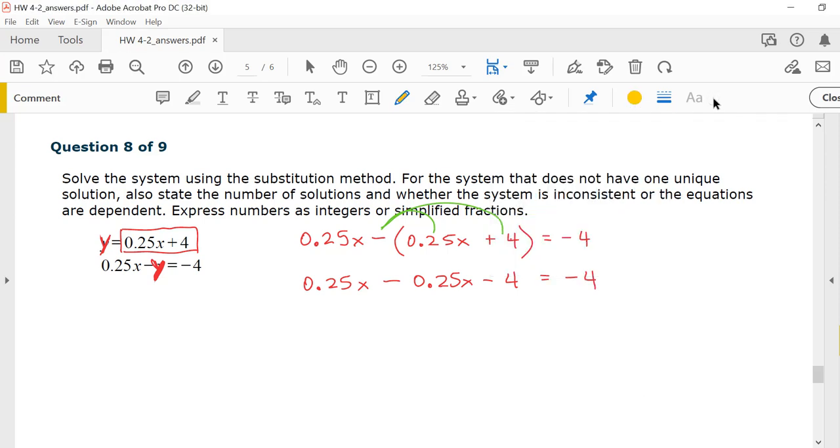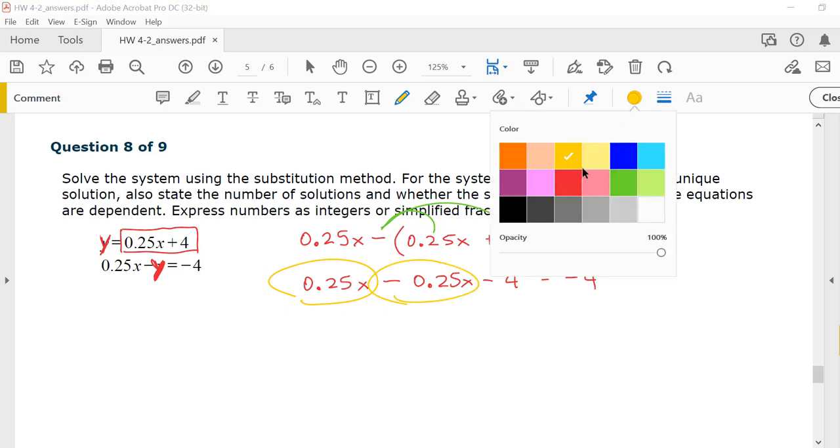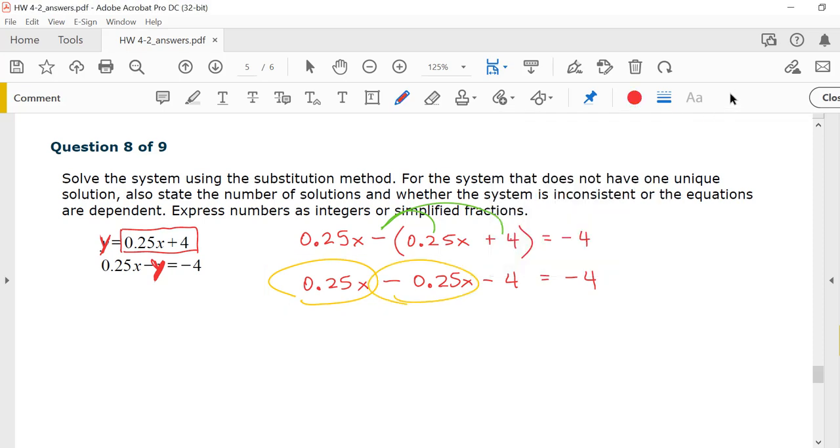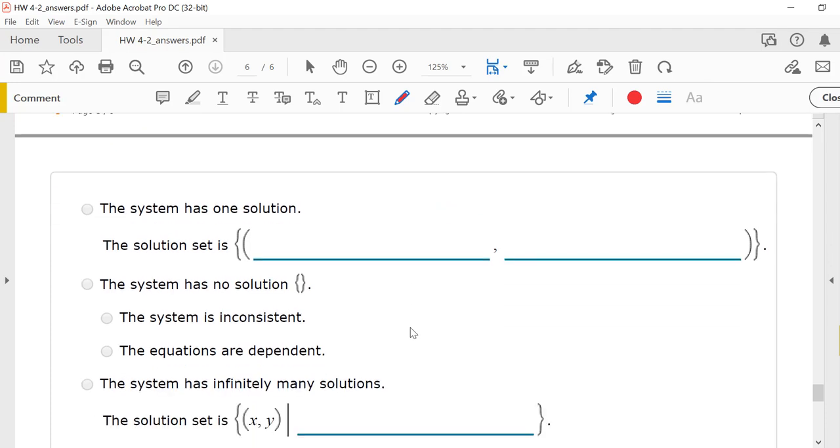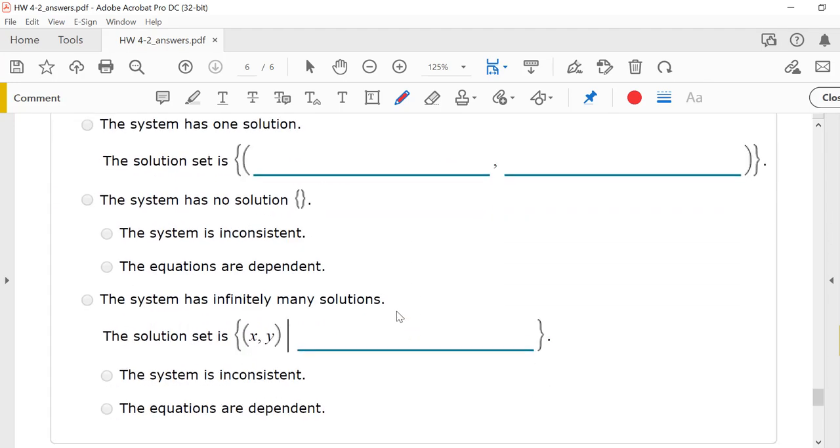Combining like terms, 0.25x minus 0.25x is 0x. Those are gone. I'm left with negative 4 equals negative 4. That is true. So there are infinitely many solutions. These equations are dependent. They're the same equation. So there are infinitely many solutions.